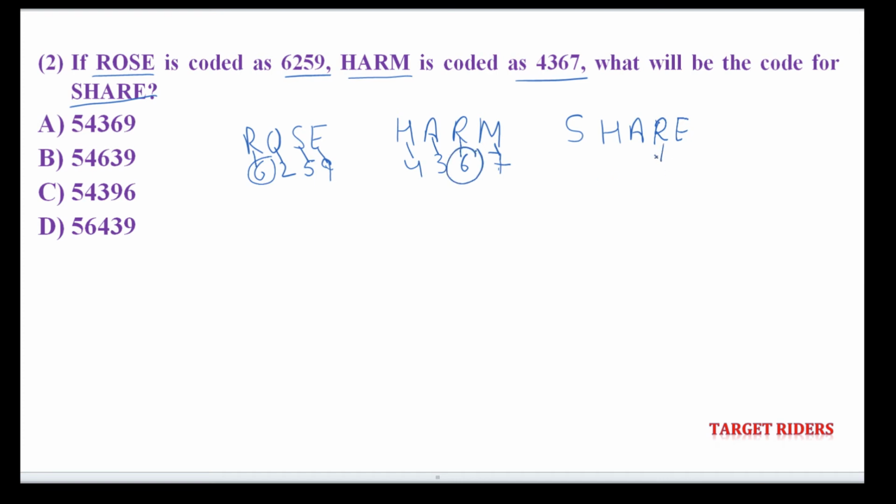So for sure R's code is 6, S code is 5, H code is 4, A is coded as 3 in HARM, and E is coded as 9 in ROSE. So the code for SHARE is 54369. So option A is right for this question.